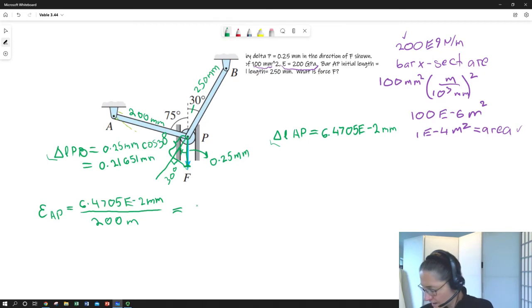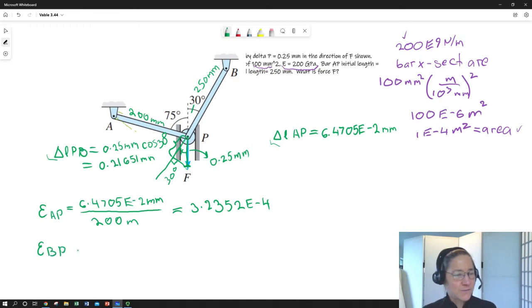Okay, so back to AP. Strain in the AP ends up being 3.2352 times 10 to the minus 4, and of course it's dimensionless since it's strain. And strain BP is 0.21651 millimeters divided by the original length of BP, which is 250 millimeters.